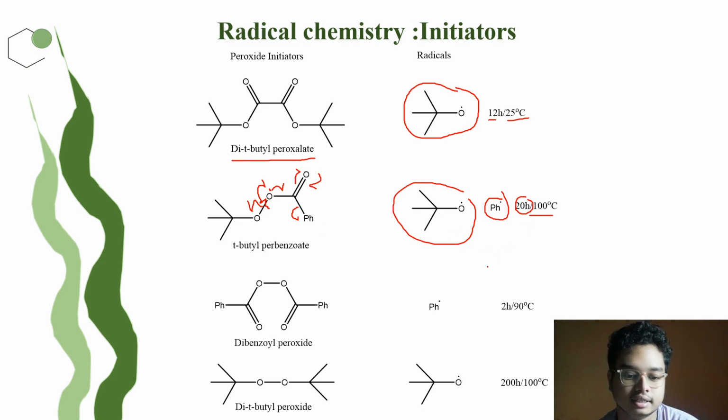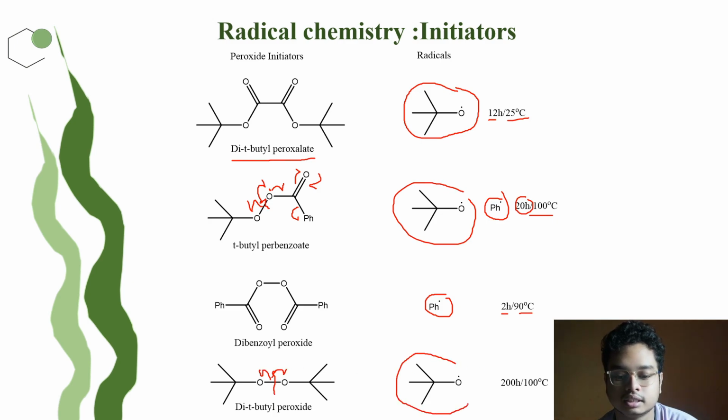Similarly, dibenzoyl peroxide generates the phenyl radical, and the half-life is 2 hours at 90 degrees. And the third, di-tert-butyl peroxide, this bond undergoes homolytic cleavage to form the tertiary butyl radical, and it will be persistent at 100-degree temperature.